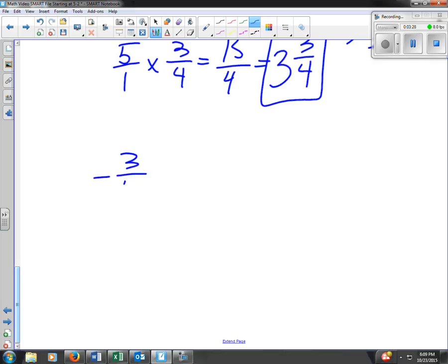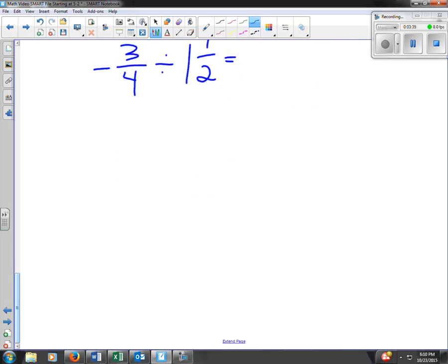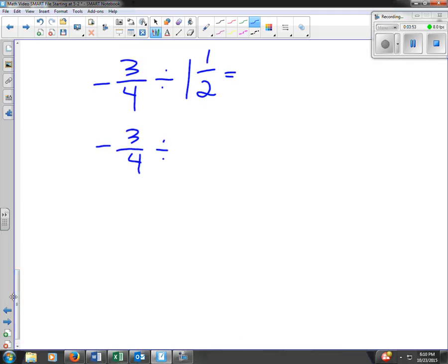The only thing you might not be familiar with, or you might not remember, I should say, is when we do negatives. So here we have a negative 3/4. Pay attention, don't lose that negative in all this math. Okay, negative 3/4. You keep, and we make this an improper fraction. The mixed number has to be an improper fraction. So 2 times 1 is 2, plus 1 is 3/2.